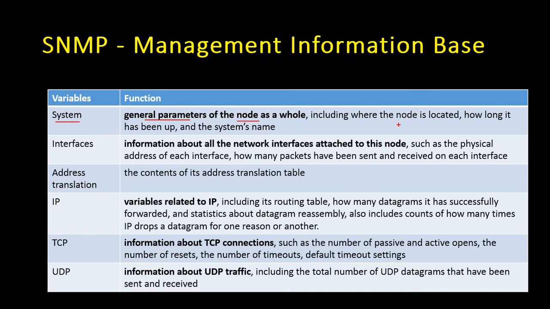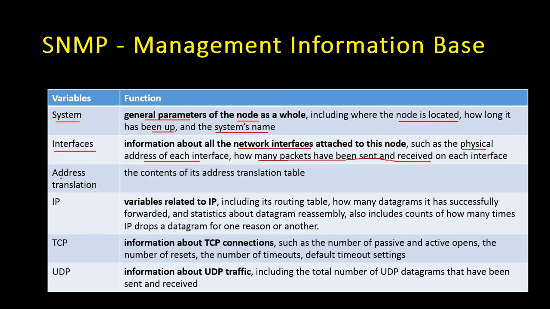It includes where the node is located, how long it has been up, and what its name is. Another is the interface variable, which collects information about all the network interfaces attached to this node, including the MAC address of each interface and how many packets have been sent and received on each.